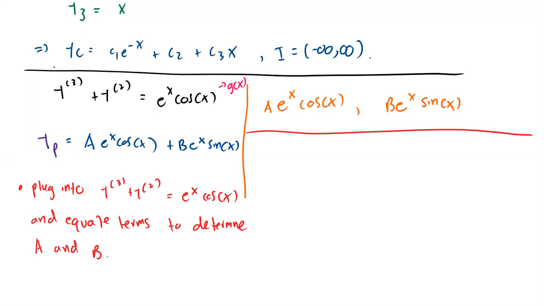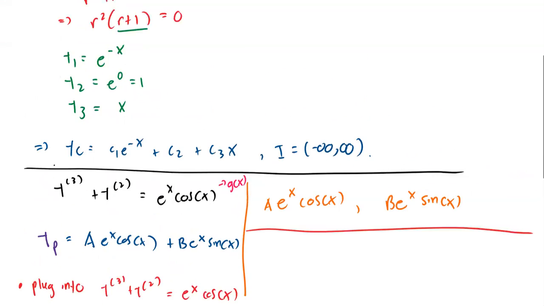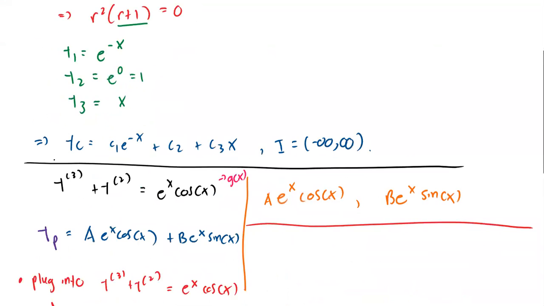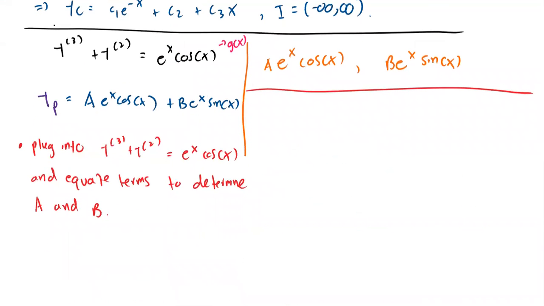So really, the only thing that changes in terms of the method of undetermined coefficients is how to find the complementary solution. In terms of how to do the method of undetermined coefficients, when you have a function g of x not equal to 0, as long as it's a combination of exponentials, cosines, sines, and polynomials, it's exactly the same process as before. To find a particular solution, just take derivatives of g of x, as many as you need, until you determine all the possible forms of terms that you get, so you can include them in the form of the particular solution.